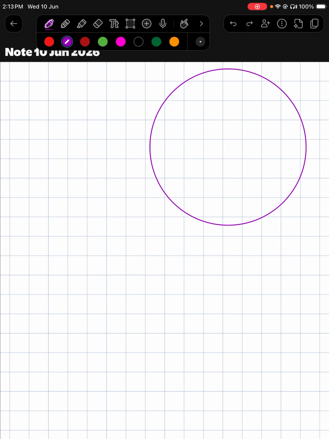First of all, I have chosen a circle and also chosen the origin at the center of the circle. I am assuming the particle is rotating anticlockwise, and at a certain moment, the coordinates of the particle at the point P are given in polar coordinates as r and theta.